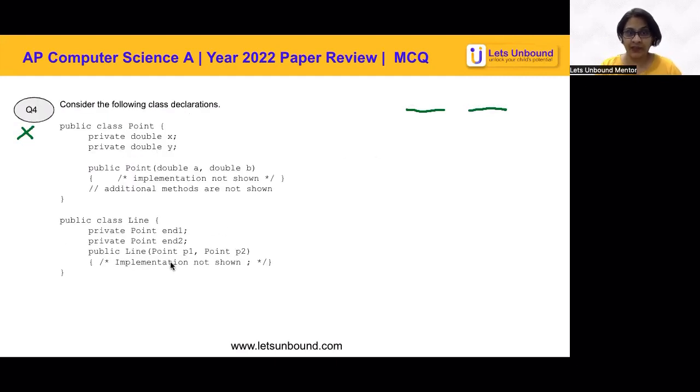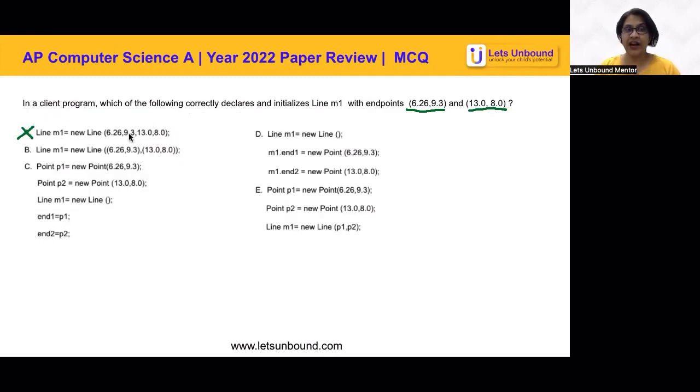The Line constructor accepts only 2 parameters. That's the reason we are eliminating option A, and option B for the same reason, because it is a similar thing. 6.26, 9.3, 13.0, 8.0. Here also we are mentioning 4 parameters.